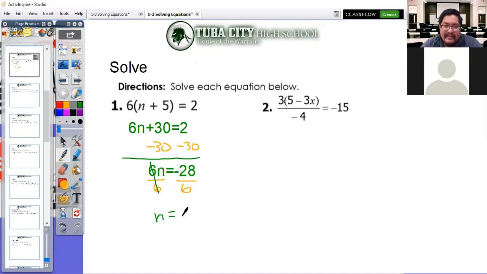So anytime you end up with a fraction, remember, you always ask yourself, can you divide it, or can we reduce it? Either way, both of those are simplifying. So when you say simplify a fraction, that means you either divide it or you reduce it. In this case, it doesn't look like we can divide it, so we're going to have to reduce it.